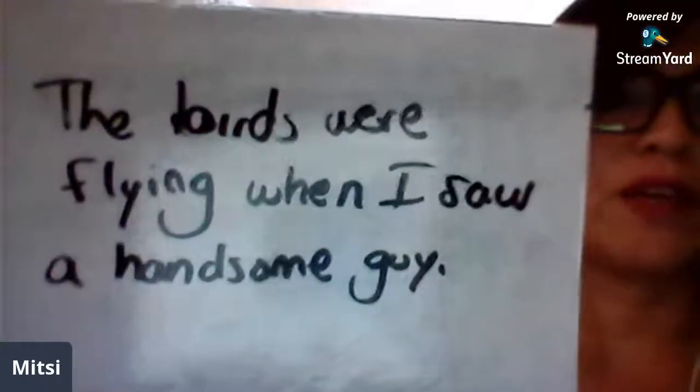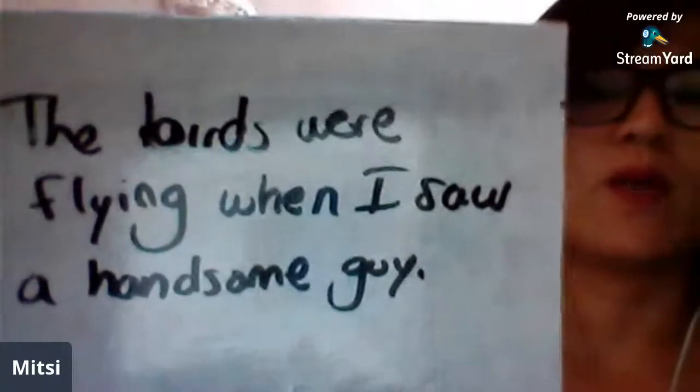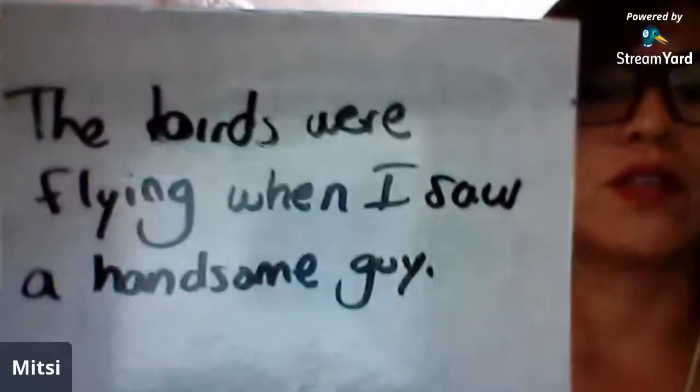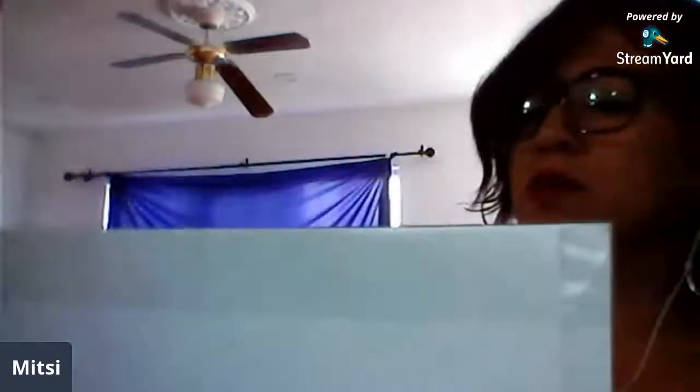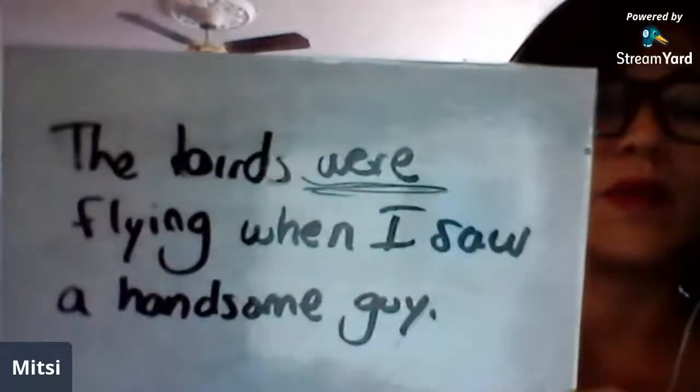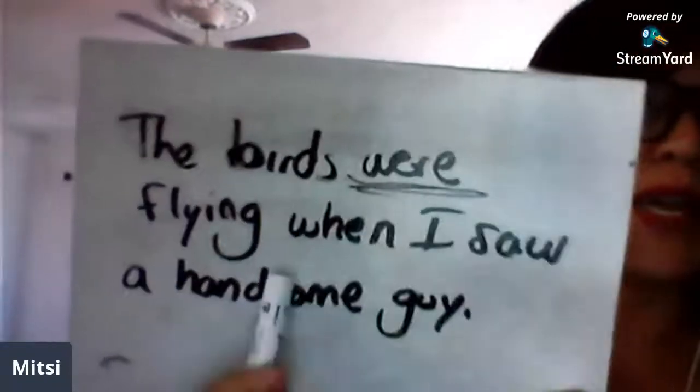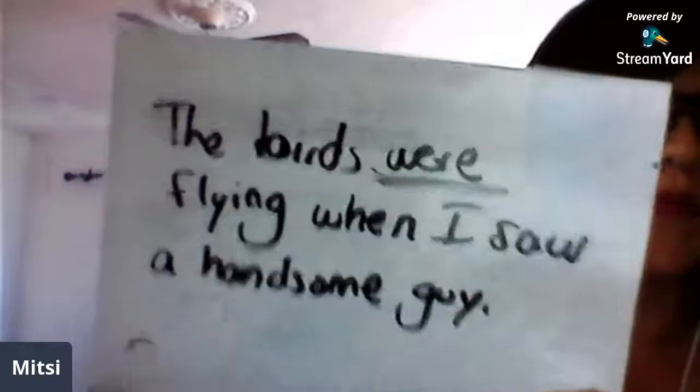Yes, but here the most important part to see is the way we structure the past continuous. That is using the verb to be. In this case, we have were, the verb to be, and the verb in ing form, flying. Yes. I can say some other ideas in negative.